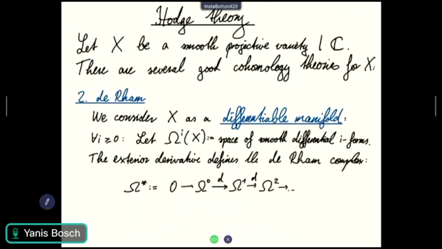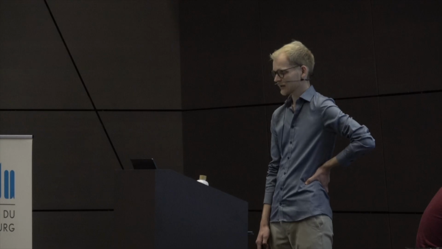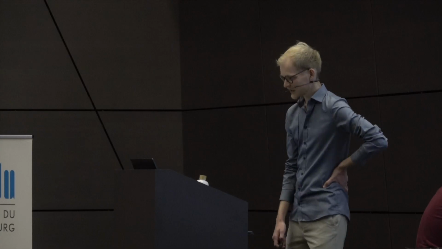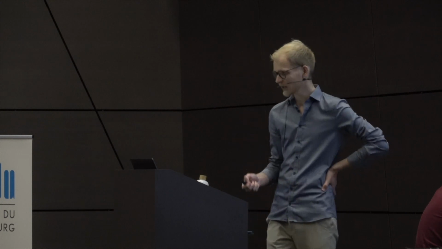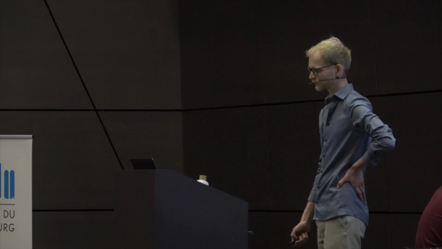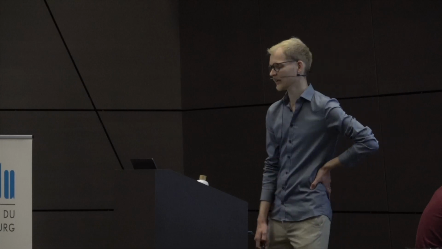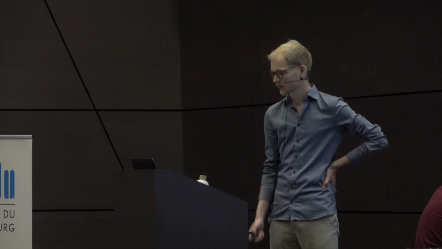Once again, just very briefly, as a reminder of the flavor of this thing, I consider in this world of differentiable manifolds some notion of smooth differential forms, and then there's some exterior derivative, and then I define some complex, the de Rham complex, and then I take its cohomology, and this defines the de Rham cohomology of this variety. So this really was talking now about differential forms on X.